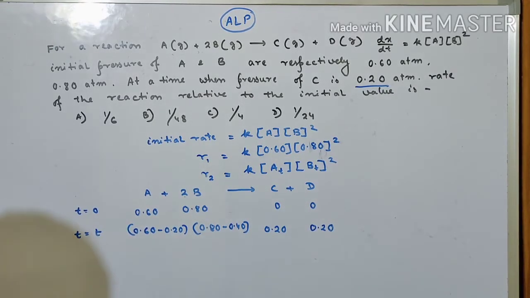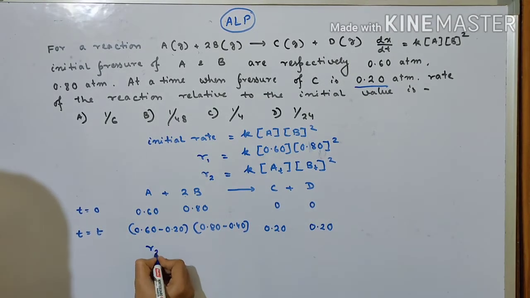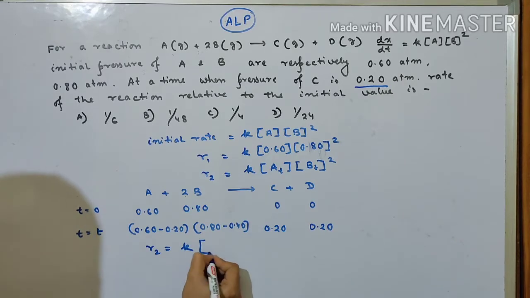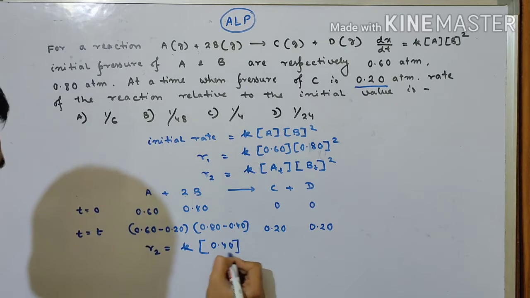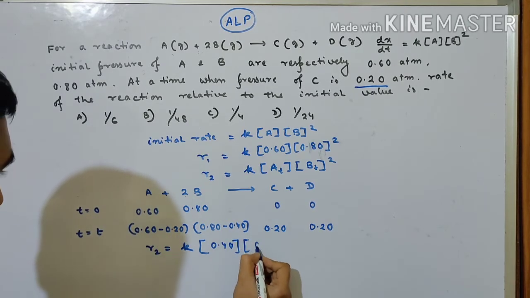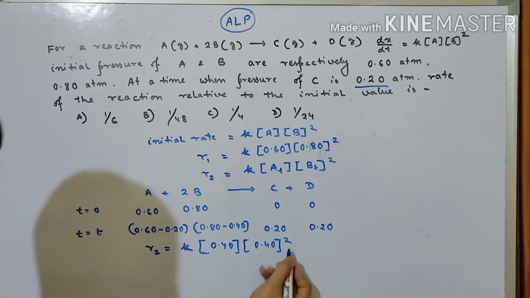Now when we get this, we are in a position now to write down R2, which is K into how much? It is 0.40 into 0.40 square.